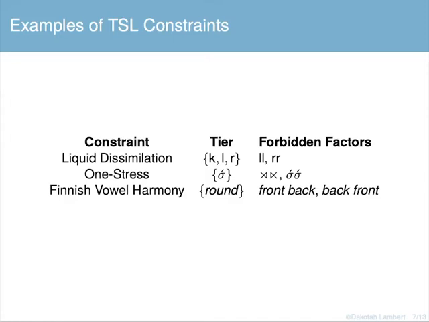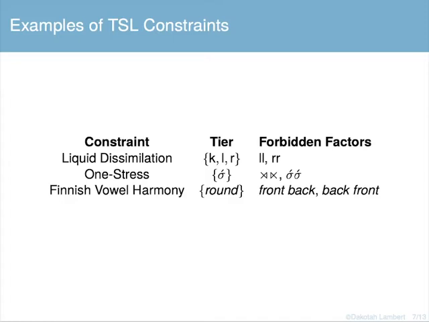For instance, there's the liquid dissimilation of Latin, whose tier alphabet is the liquids, L and R, as well as the non-coronals, which I've represented just as K. The forbidden factors, that is, the complement of the set of permitted factors, is LL and RR. That is, you can't have liquids adjacent without one of these non-coronals intervening.